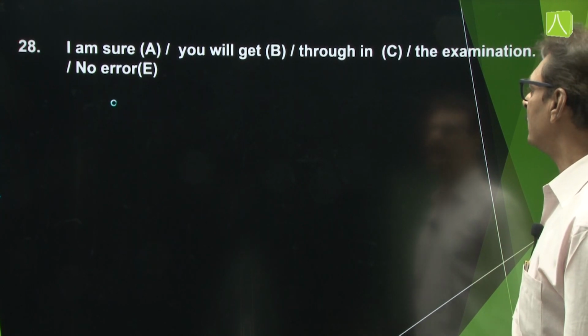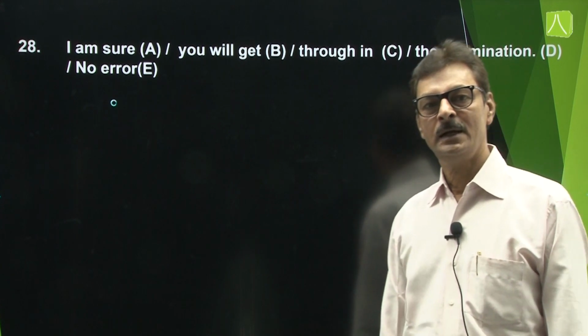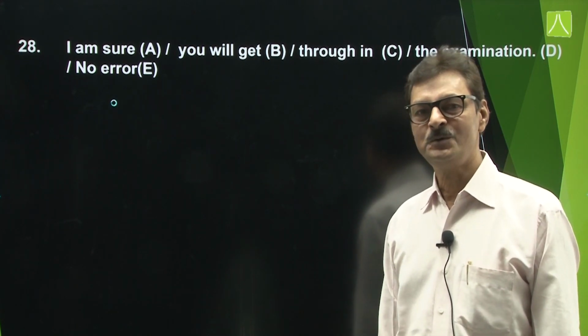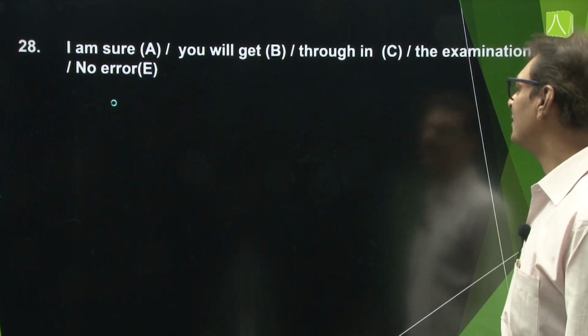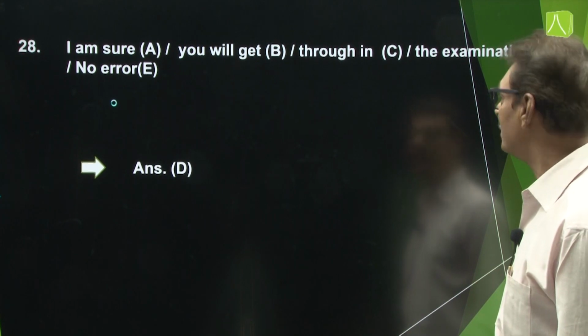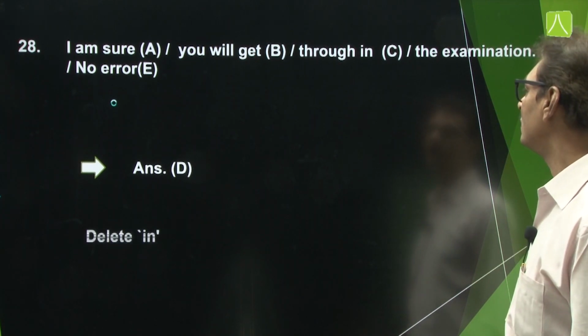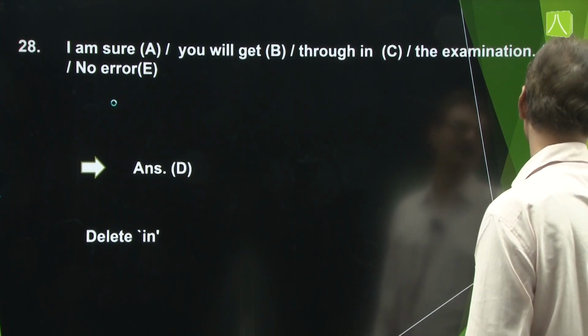I am sure you will get through in the examination. Again, something related to pronouns. ध्यान से देखो. Read the sentence. I am sure you will get through in the exam. Get through in the examination क्या होता है? I am sure you will get through. Delete in over here. Yes, I am sorry. The error तो इसके अंदर आएगा.